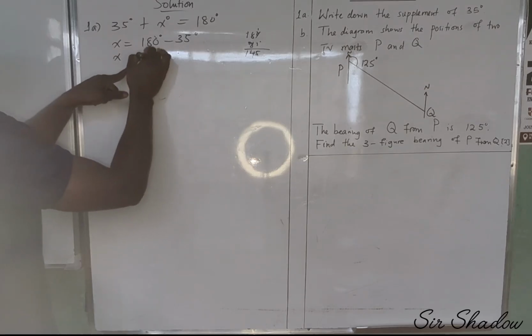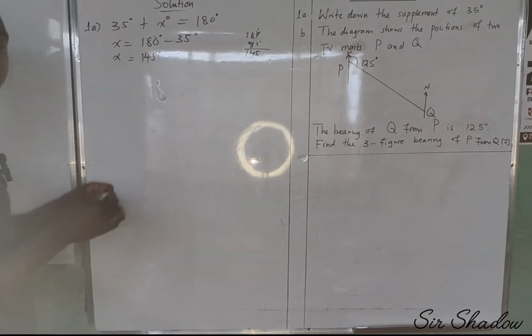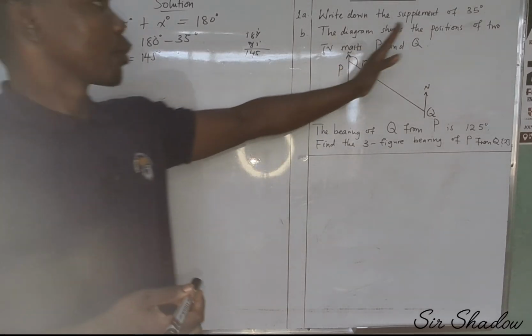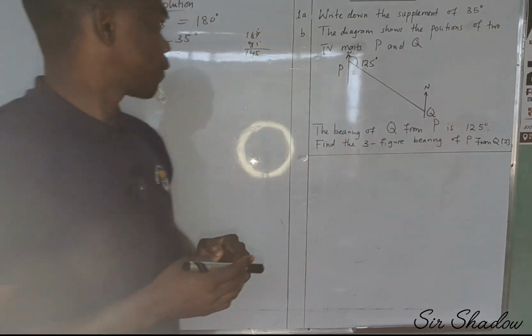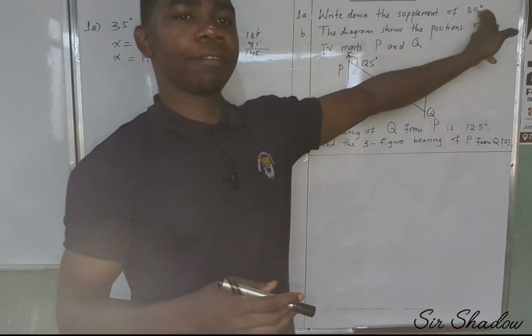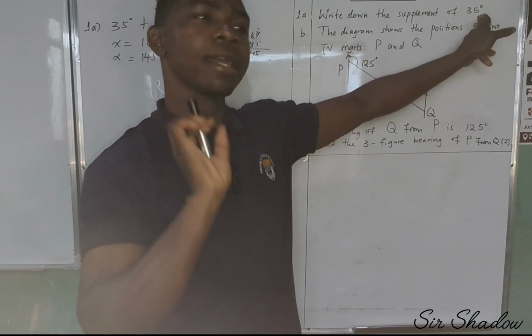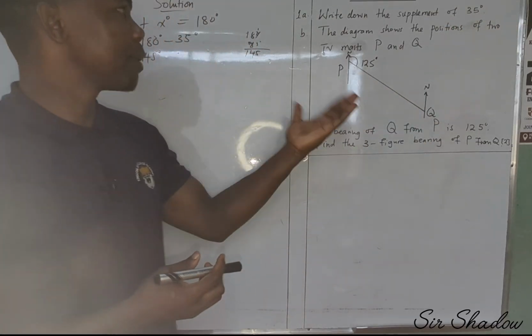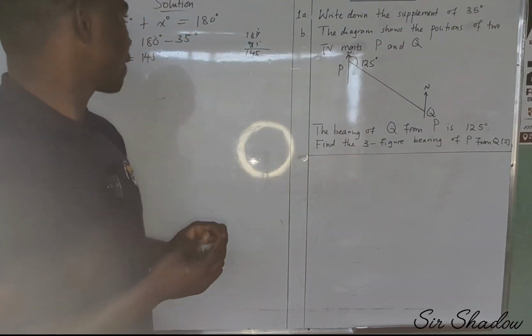So the supplement of 35 is 145. If you say 145 plus 35 degrees, we get 180 degrees. So the supplement of 35 is 145 degrees.